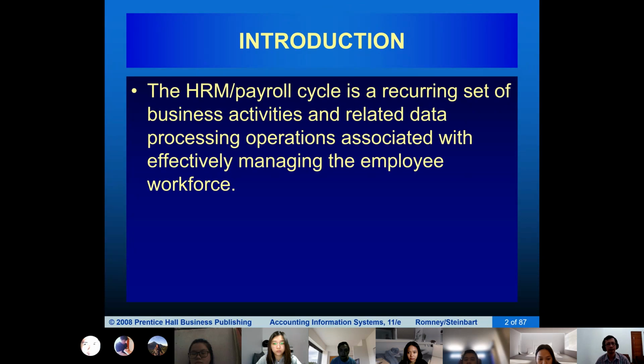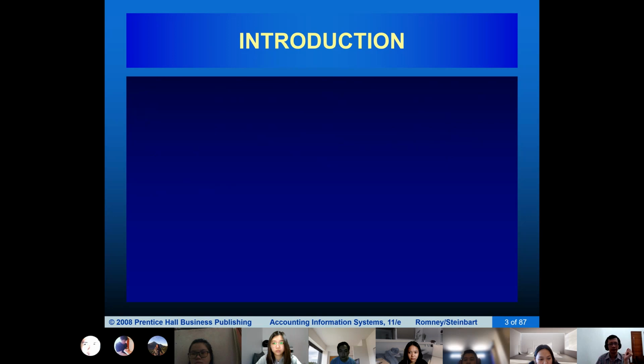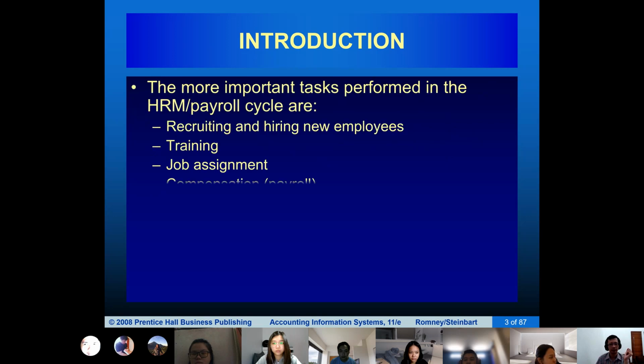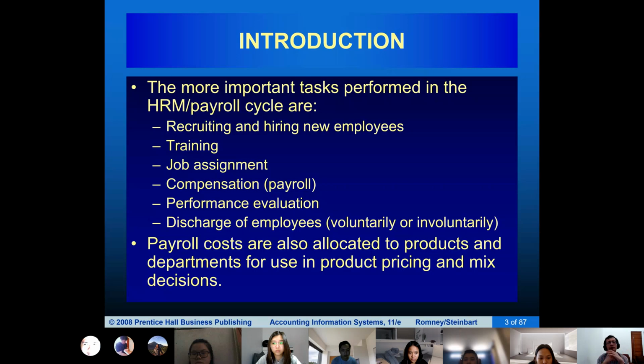The human resource management cycle deals with all operations associated with effectively managing the employee workforce. These are the tasks performed in the human resource management cycle: recruiting and hiring new employees, training, job assignment, compensation, performance evaluation, and discharge of employees.